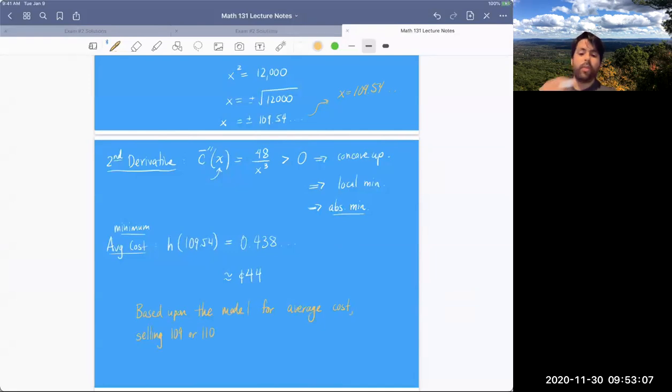The reason it's either or is because the number we get is not clean. It's a number in between 109 and 110. We can't sell 109 and a half units. So if you're selling 109 or 110 units, the average cost will be minimized. There's a little bit of estimation here, okay? Minimized to 44 cents.